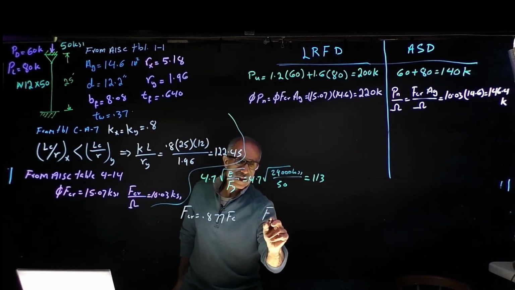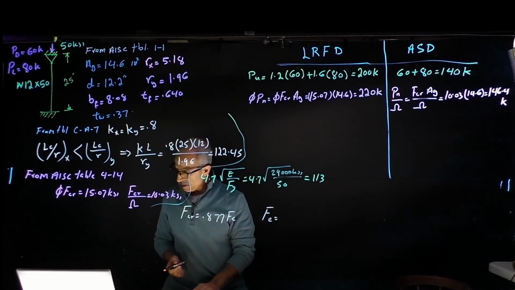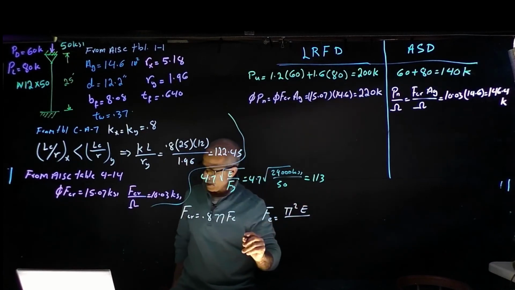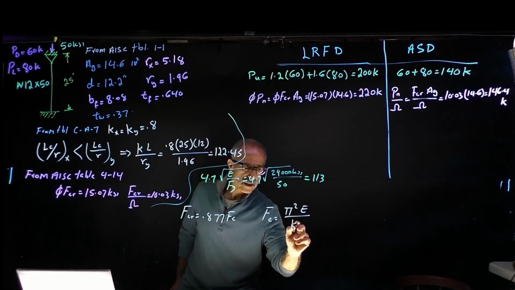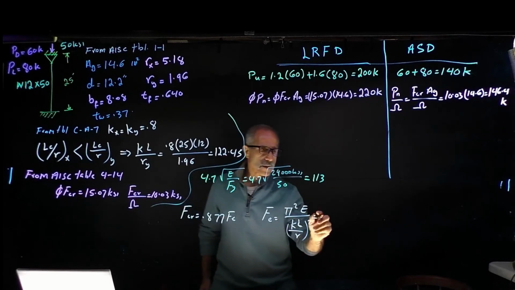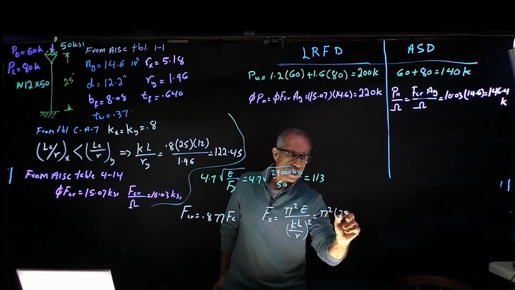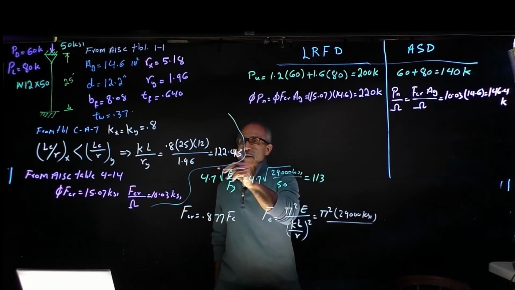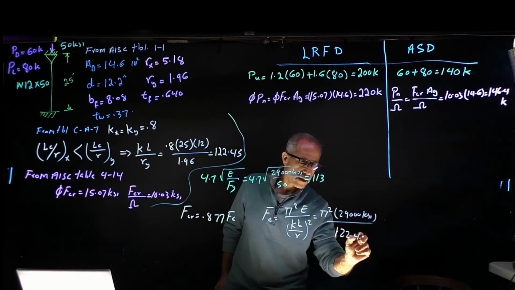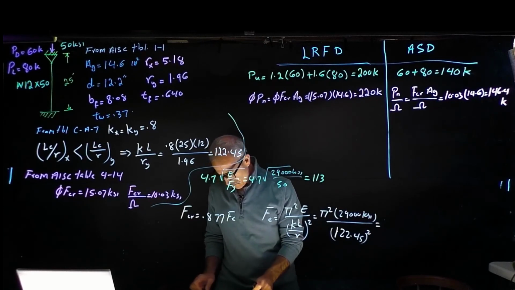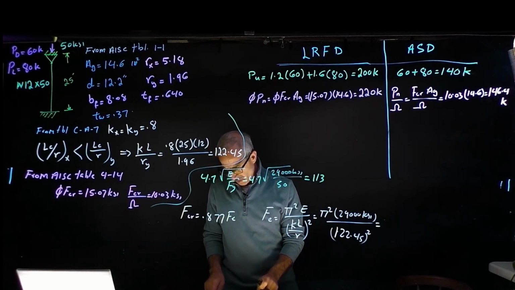So Fe, per the formula we have right there, elastic buckling stress, is calculated by pi squared times E divided by KL divided by r, squared. So we know what pi is anyway, pi squared times 29,000 KSI, and divide that by 122.45 squared, and that came out to 19.08.